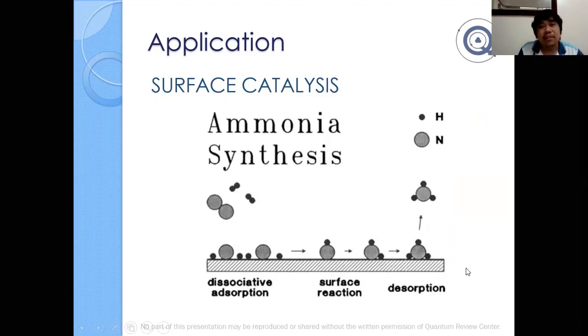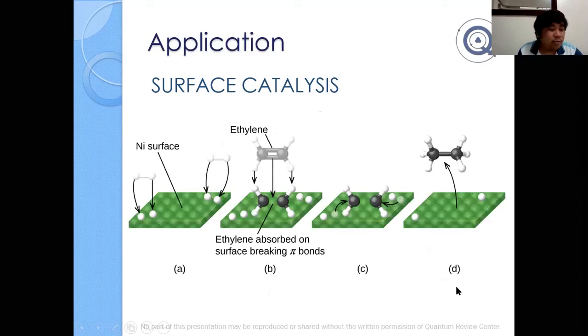Aside from that, surface catalysis is common, right, in hydrogenation, where there is often a metal involved like nickel or palladium. The mechanism is the same: the hydrogen attaches to the metal surface, then becomes atomic hydrogen, which is now capable of binding to the ethylene.